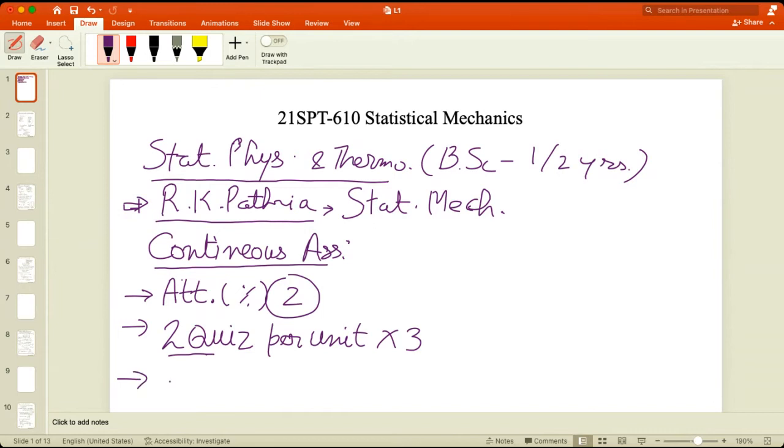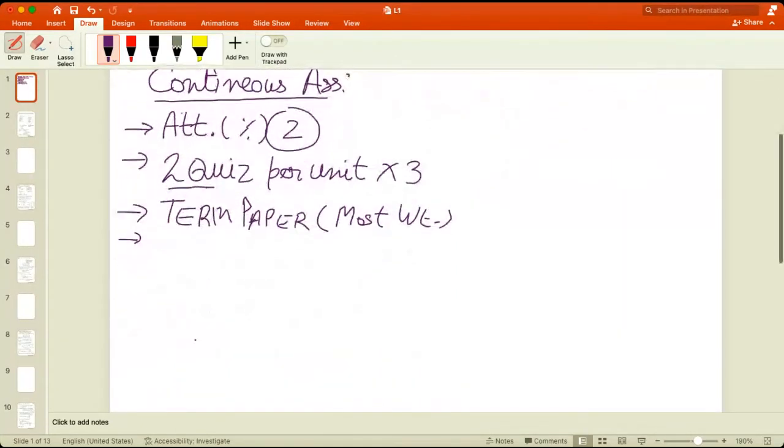Then there is the term paper, one of the major components. I think it has the most weightage as far as I remember. Then we also have a presentation component. We still have to figure out how to conduct this online.